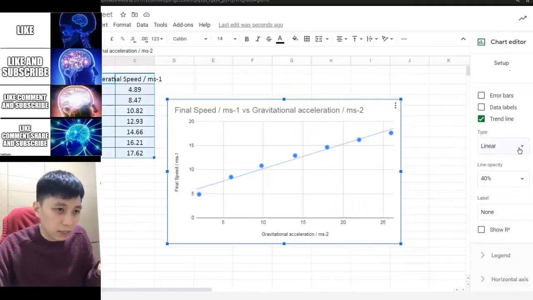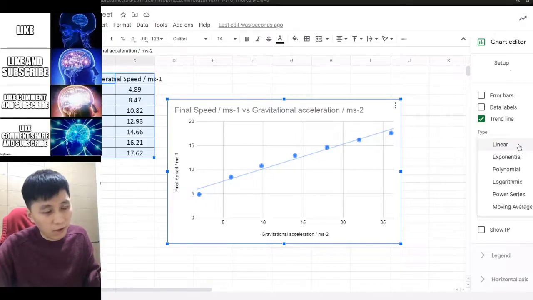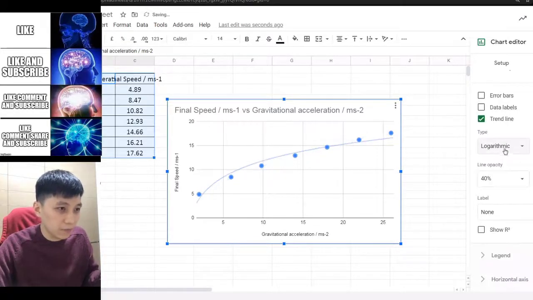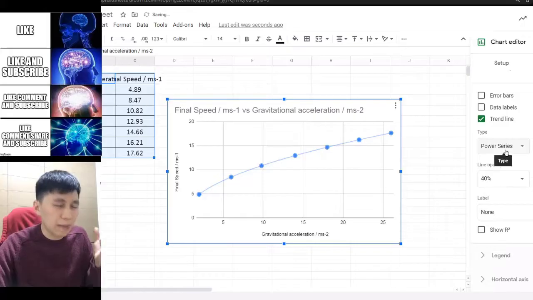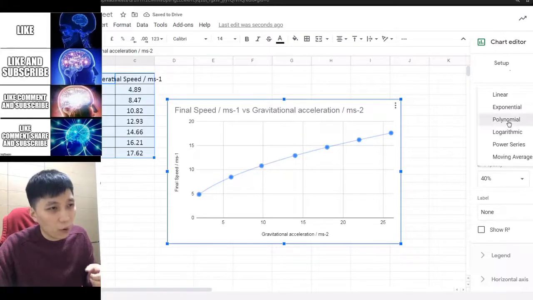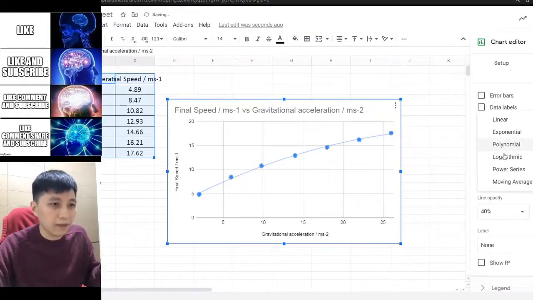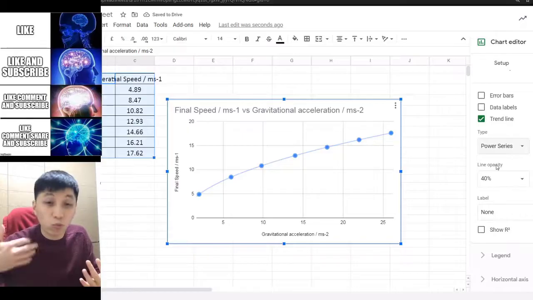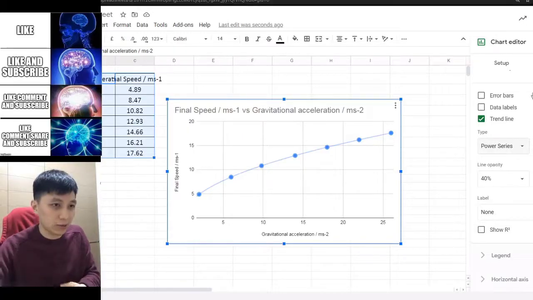So obviously we have to change the type of the mathematical relationship, and by trial and error, you may find the best one should be power series. You may say that polynomial is close, but in fact later on you'll understand using power series is the one that is relevant to the physics idea also.